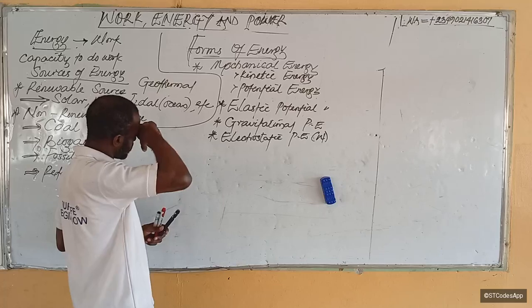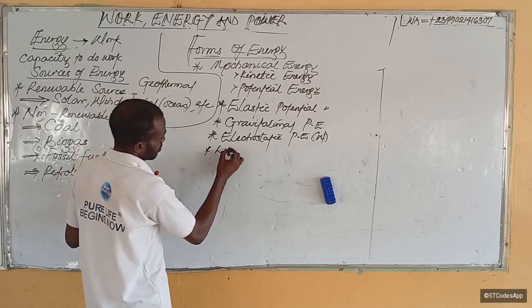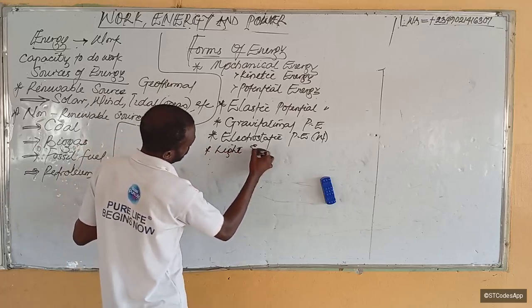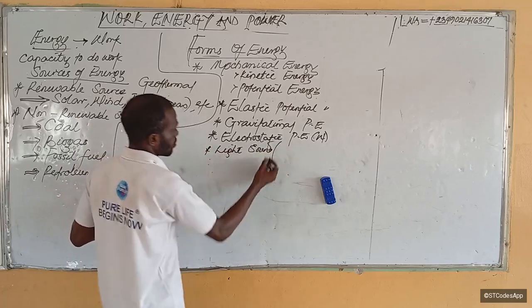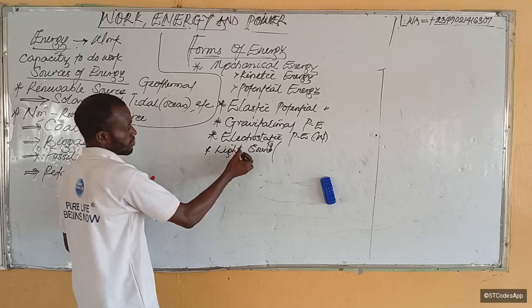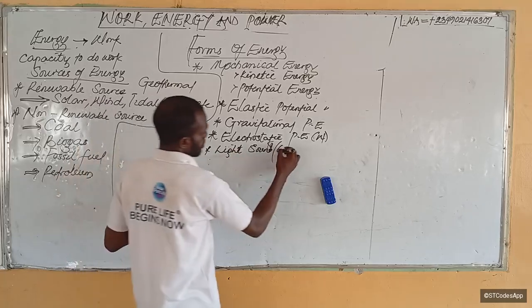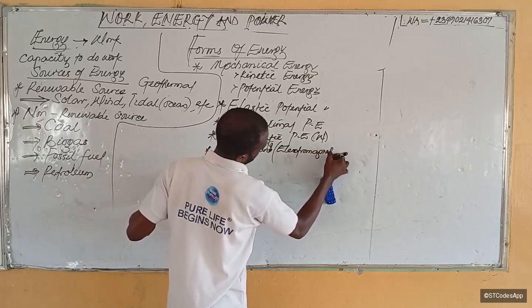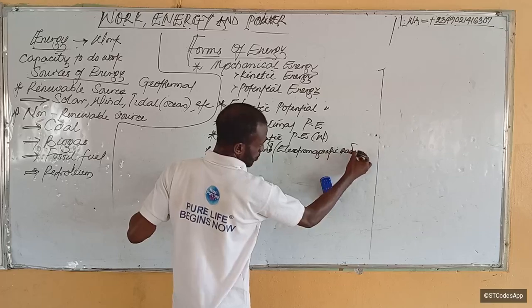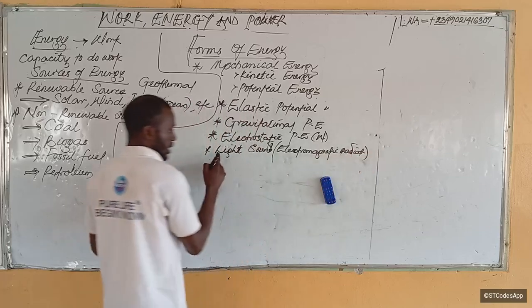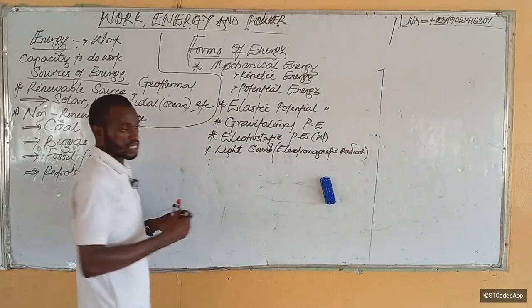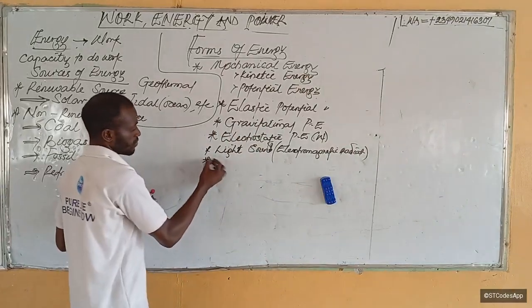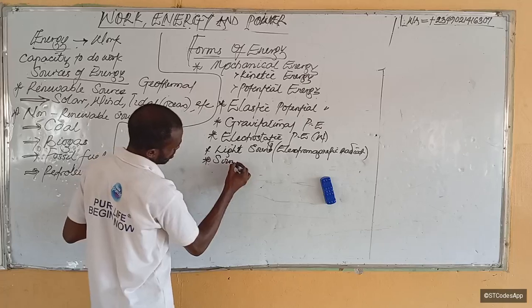And of course, we have different other forms, including light energy, sound energy. And light energy is just electromagnetic radiation, keeping in mind that light is just one of the electromagnetic spectrum, okay? So of course we have sound energy.